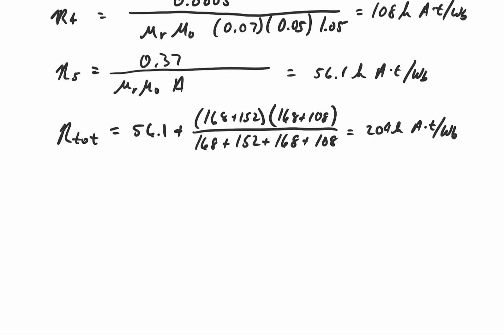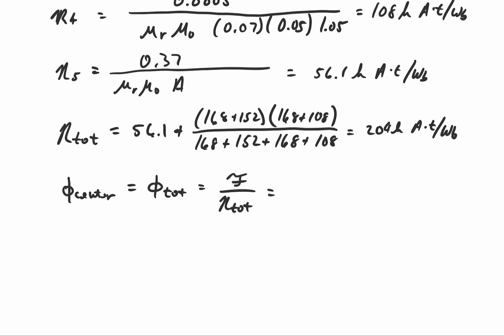So the total flux in the core is equal to the flux in the center leg, because that's where the windings are. So the flux in the center leg is equal to the total flux, which is equal to the magnetomotive force over the total reluctance.